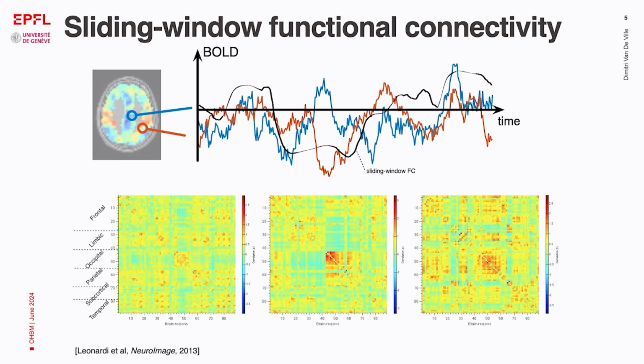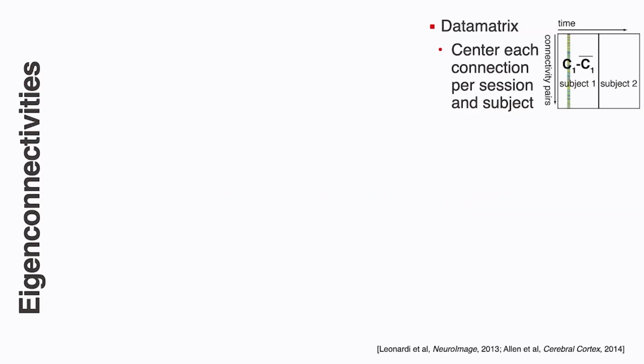You have this time-dependent FC, and let's rearrange it in a data matrix where we unfold all these functional connectivity values as the rows and all the time points, all the window positions, as the columns. We can do this per session, per subject, and let's now center each connection so we take out the average dynamic functional connectivity value for each connection over each session, so that the data matrix only has the fluctuations of dynamic functional connectivity left in it.